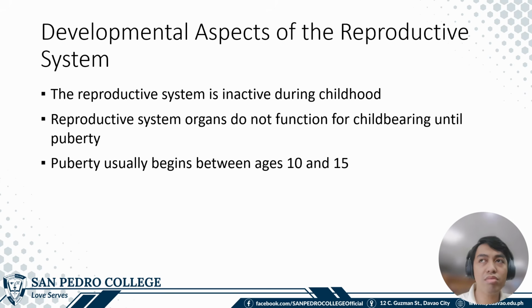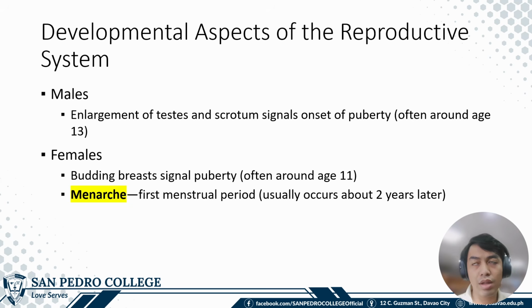And now, all those events occur before birth. After birth and until puberty, there is no development in the reproductive system. However, at the start of puberty, the testosterone will then start to be produced again in order to develop the testes and scrotum.